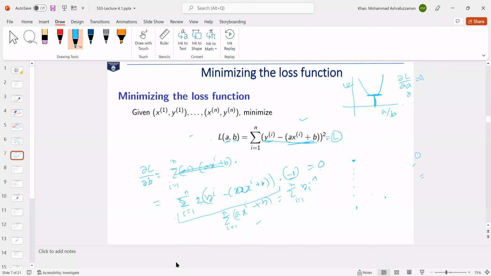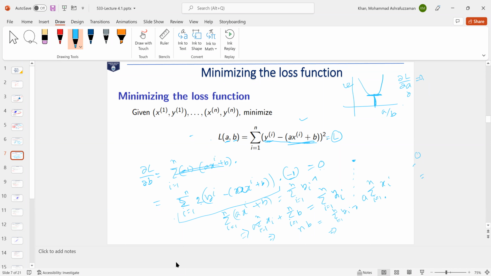So it will be like sum of i equals 1 to n a x i plus sum of i equals 1 to n b equals sum of i equals 1 to n y i. From here we'll get, this is like a constant value and we're summing it up n times. So n b should be sum i equals 1 to n y i minus a sum i equals 1 to n x i.